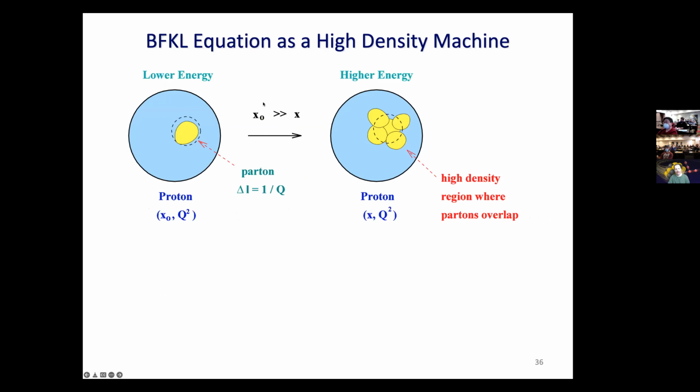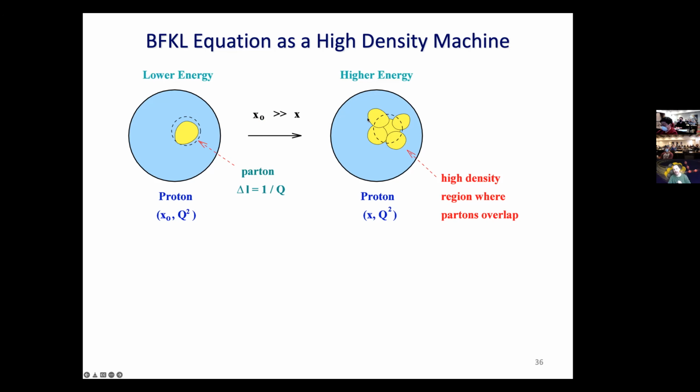So what happens is you start with a proton at some x naught. And remember, I told you I want to evolve down to smaller values of x, smaller than x naught. And as I go to smaller values of x, the BFKL equation keeps producing more and more gluons, in a very linear fashion. And you have lots of gluons.